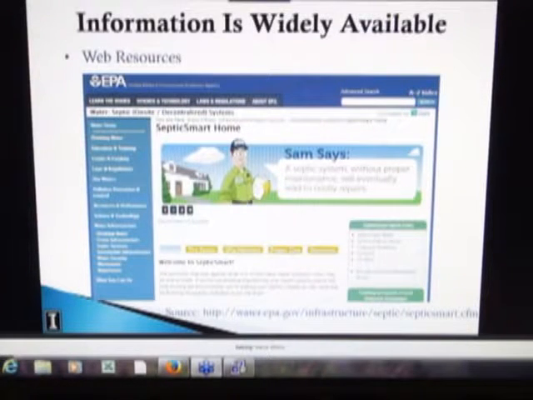And a lot of bacteria, high nitrate, E. coli, those sorts of things are making their way into shallow aquifers that then get pulled into a private well. So understanding your responsibilities, if you will, as far as your septic system, not only to protect your well, but your neighbors and the aquifer that maybe even your community may be using for community water supply. There's a lot of good information out there.